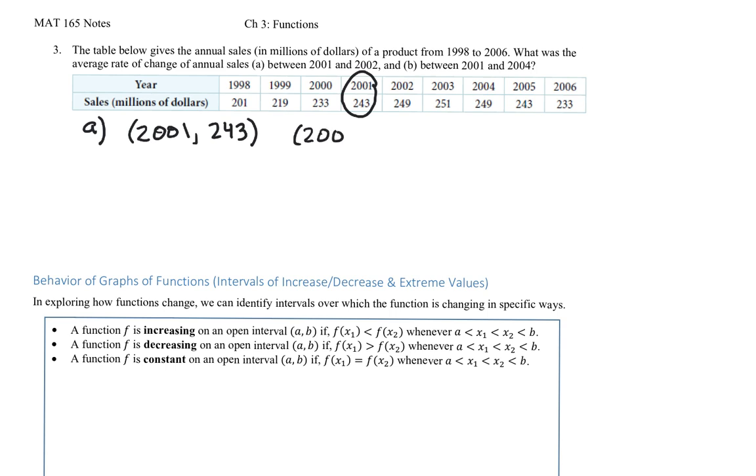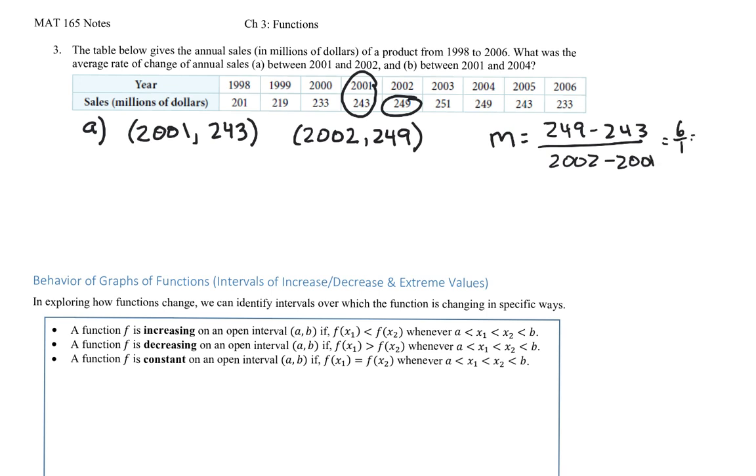But in 2002, the sales are $249 million. We can use our rate of change formula, and our rate of change will be $6 million between 2001 and 2002.